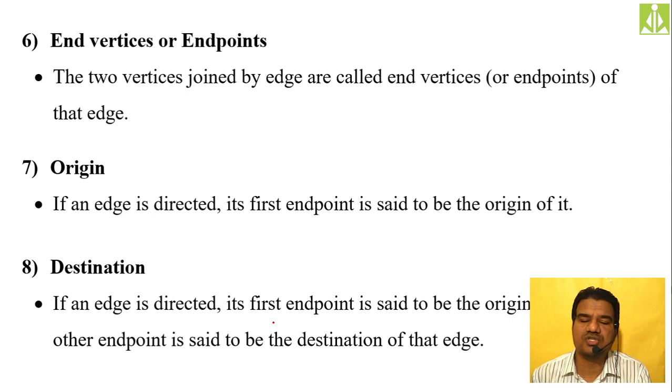The two vertices joined by the edge are called the endpoints or end vertices of that edge. Very simple to understand. Then origin. If it is a directed graph, the origin and destination we will have only for the directed graph.